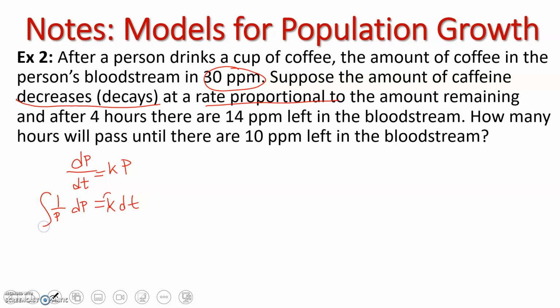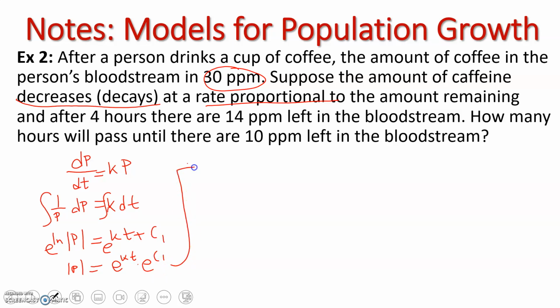Same as before, we integrate: ln absolute value of P is kt plus the constant. Base e on both sides, absolute value of P is e to the kt times e to the constant, which becomes P, because we can't have negative caffeine, equals C e to the kt.